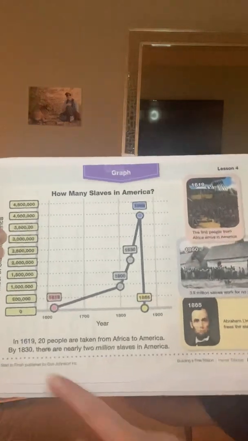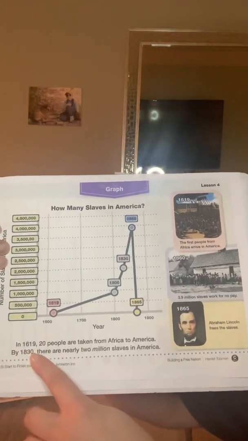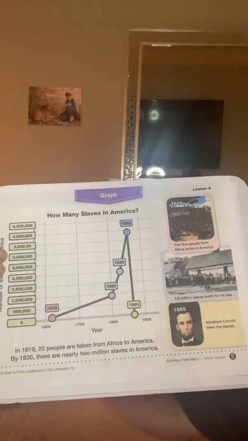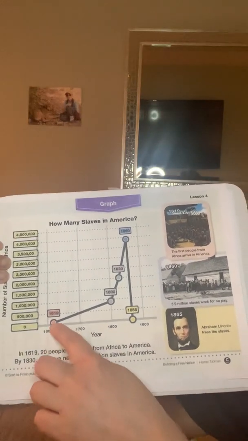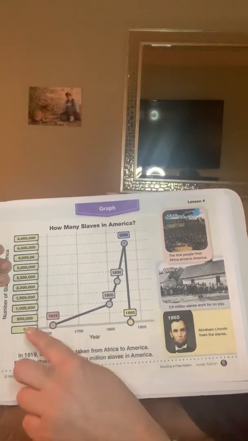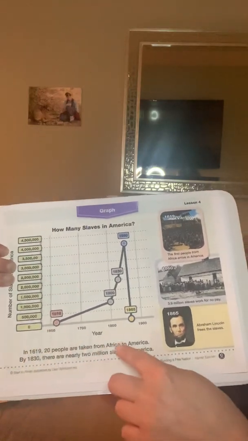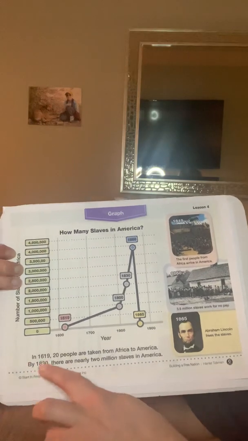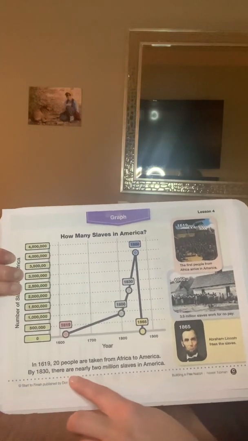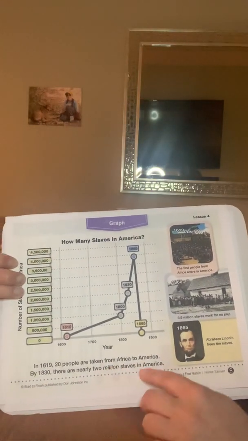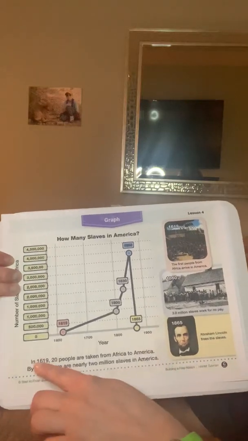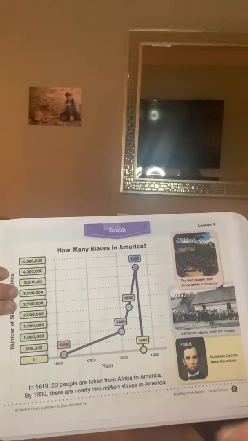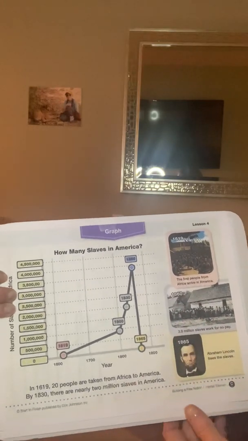So let me read aloud. It says by 1692, 20 people are taken from Africa to America. So in 1692, only 20 slaves were taken from Africa to America. By 1830, there are nearly 2 million slaves in America. So in about 200 years, the number of slaves went from 20 to over 2 million.